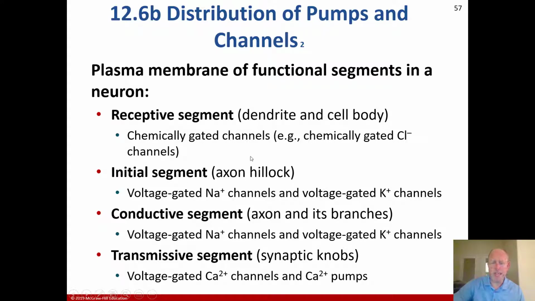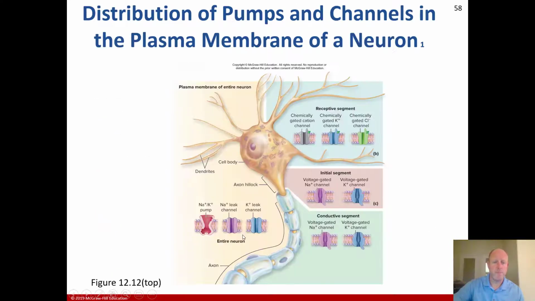The initial segment, the axon hillock, has voltage-gated sodium channels and voltage-gated potassium channels. The conductive segment, the axon and its branches, have voltage-gated sodium channels and voltage-gated potassium channels. And the transmissive segment at the synaptic knobs has voltage-gated calcium channels and calcium pumps.